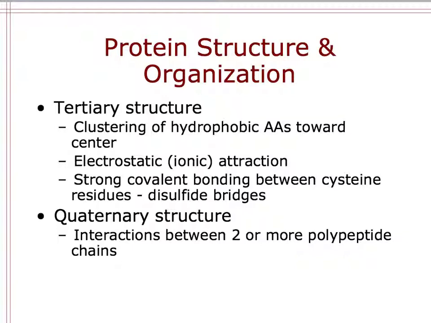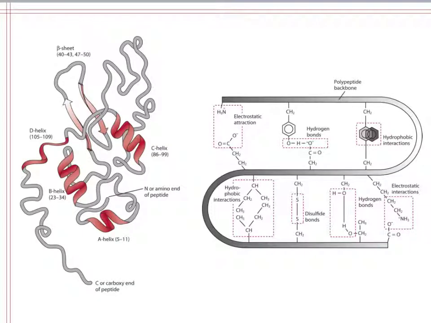The quaternary structure at the bottom here just indicates the interactions between two or more polypeptide chains, hooking or connecting together, interacting in some way. This shows some graphics of some of the secondary and quaternary structures. Here on the left, particularly the alpha helix, this 5 to 11 means those are about 5 to 11 amino acids long.